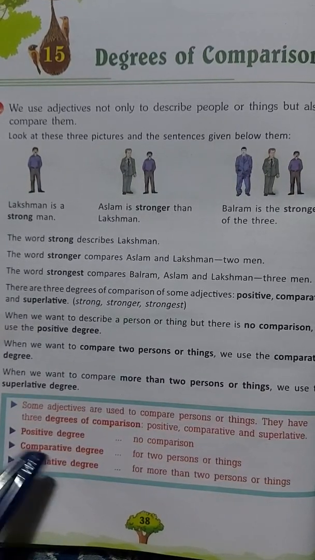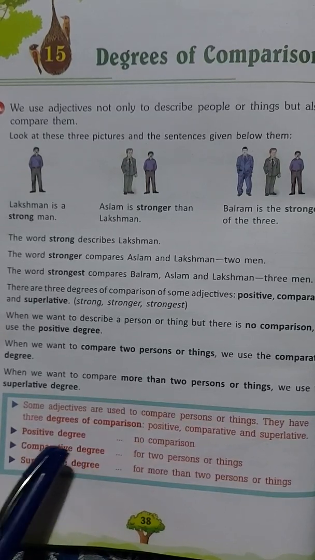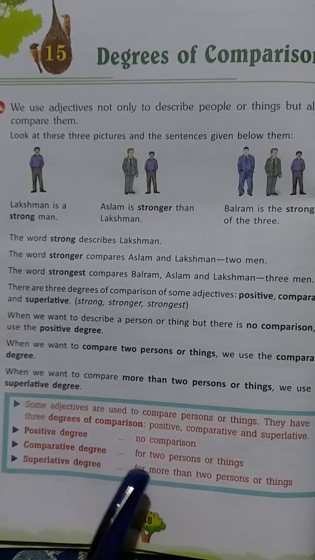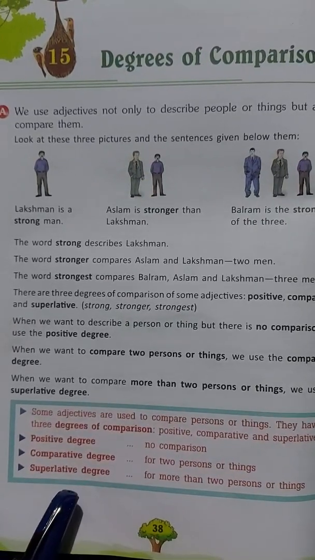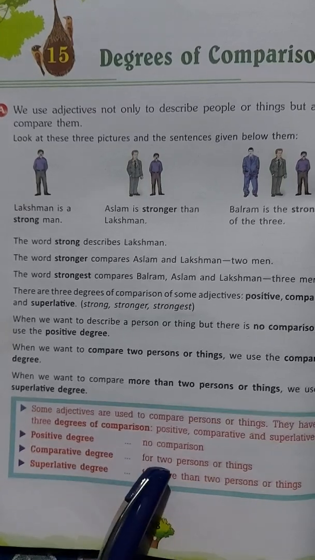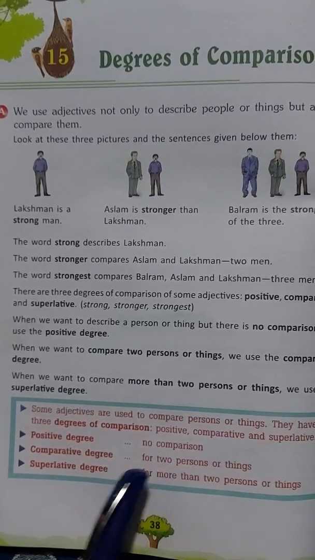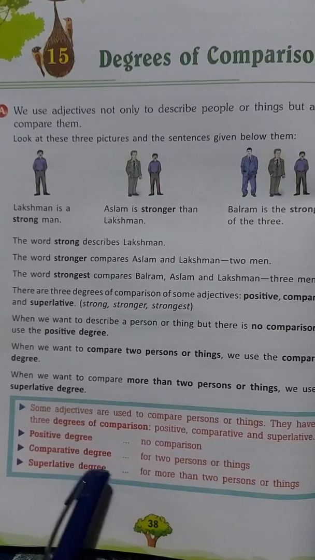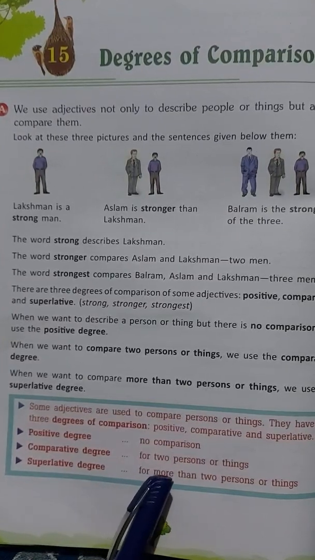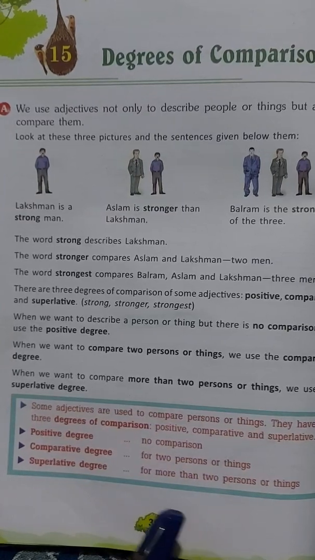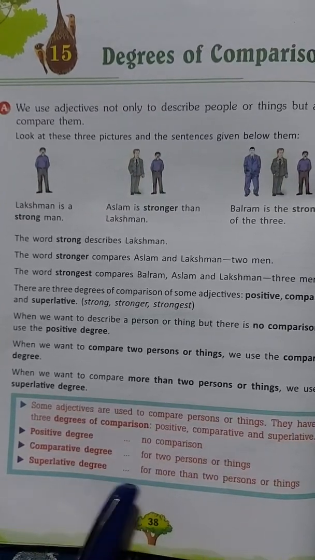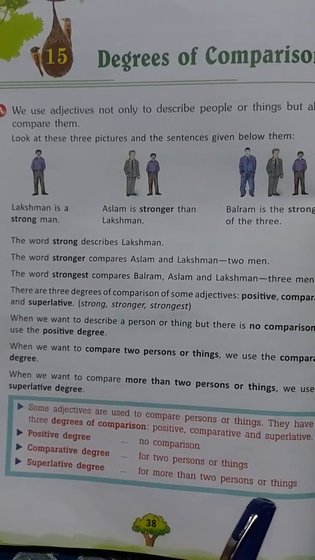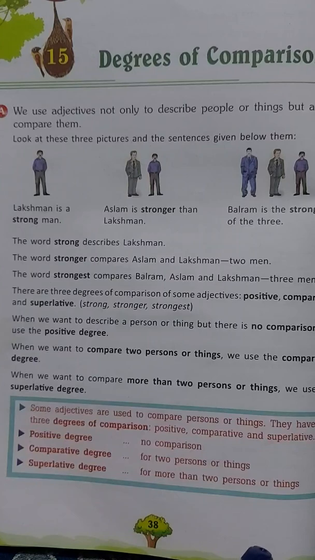So some adjectives have 3 degrees of comparison. Positive degree is used when there is no comparison. Comparative degree is used for comparing two persons or things. And superlative degree is used for comparing more than two persons or things.